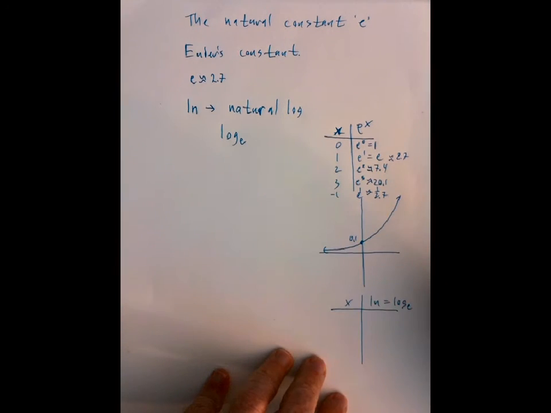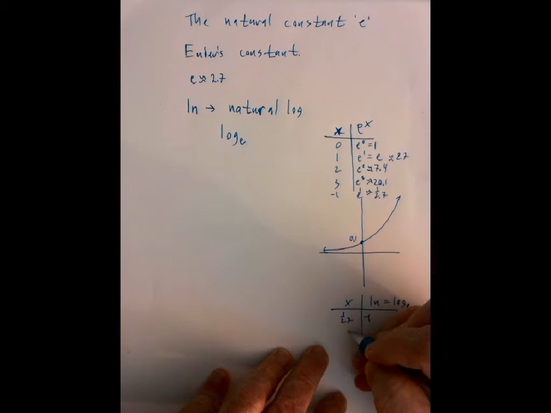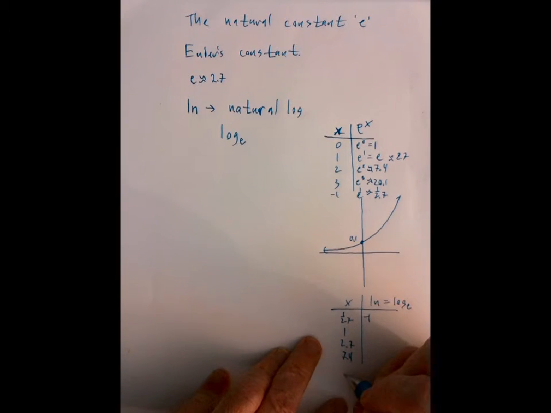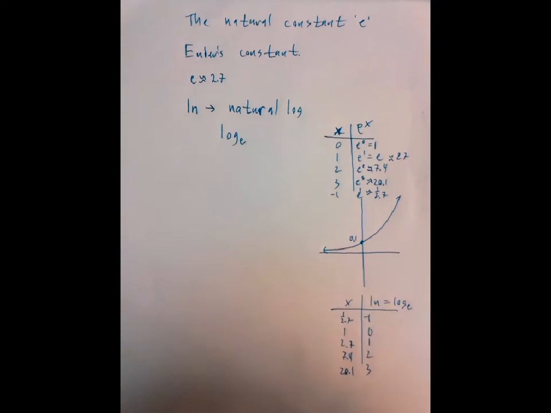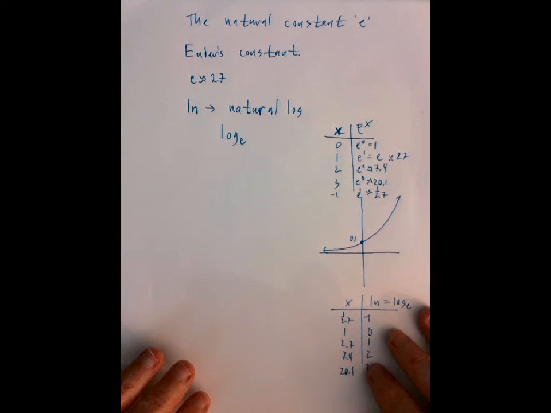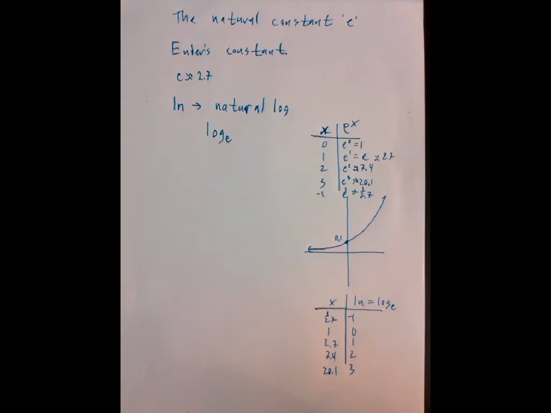So it's 1 over 2.7, which is -1, and then 1, and then 2.7, and then 7.4, and then 20.1, and these go with 0, 1, 2, 3, and so on. Just like we flipped 2 to the x power into log base 2 and 10 to the x into log base 10. Anyway, that's a little introduction to our natural log, e.